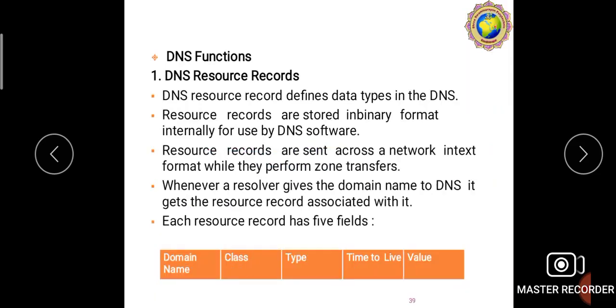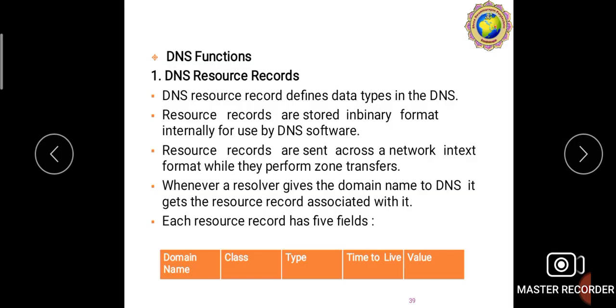Next, DNS functions. Domain name system resource recording is our first DNS function. DNS resource records define data types in the DNS, and resource records are stored in a binary format internally for use by DNS software. Resource records are sent across a network in text format when they perform a zone transfer.